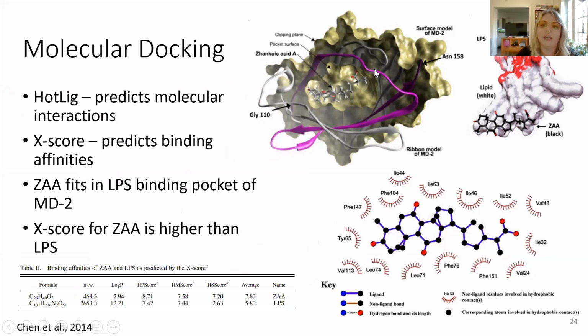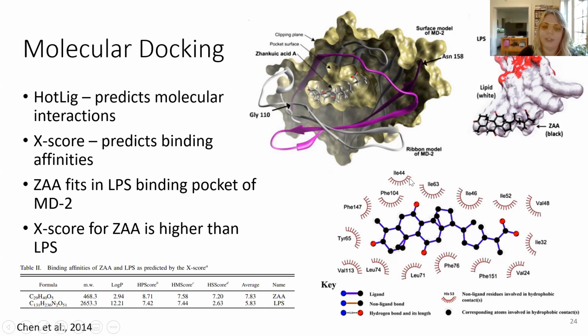And so here you can see a clipped surface model of MD2 along with the ribbon model. And here is the LPS binding pocket. And so this program was able to show that ZA was able to fit in that binding pocket. And they're also able to see which part of the LPS molecule ZA was imitating in order to bind to MD2.